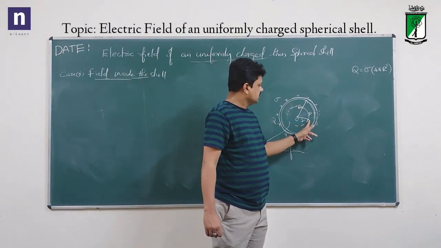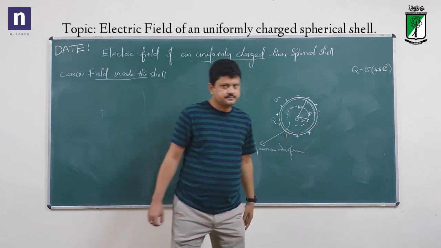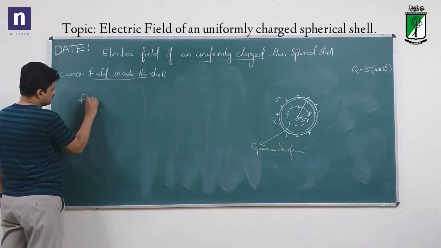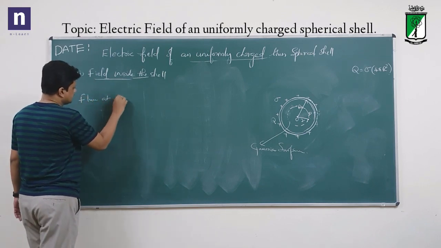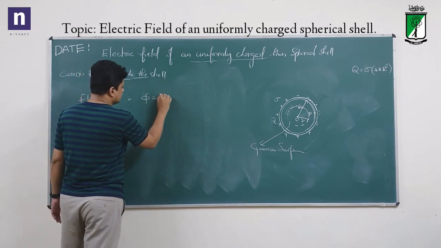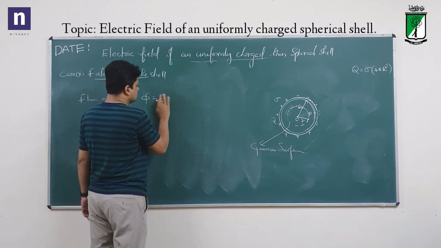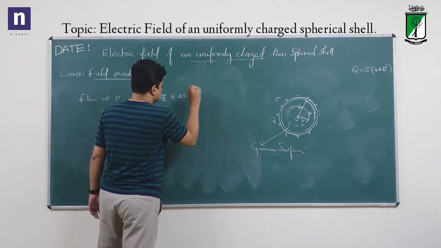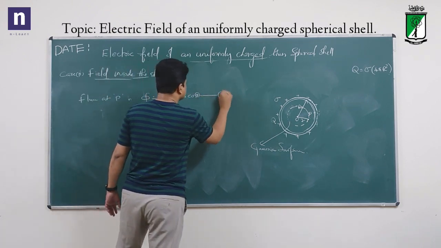Now, what is the flux at point P? Of course, by general definition, flux at P is phi is equal to summation E delta S cos theta, whatever you call it.